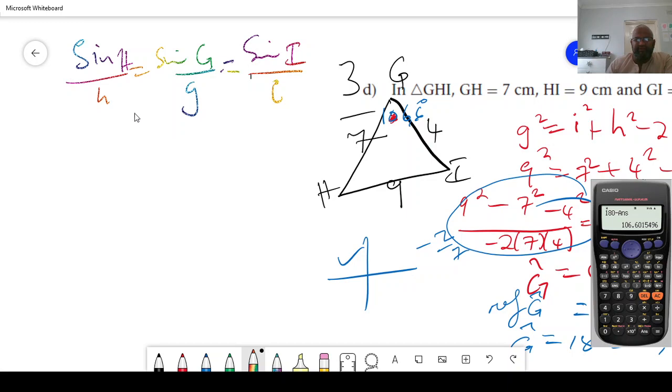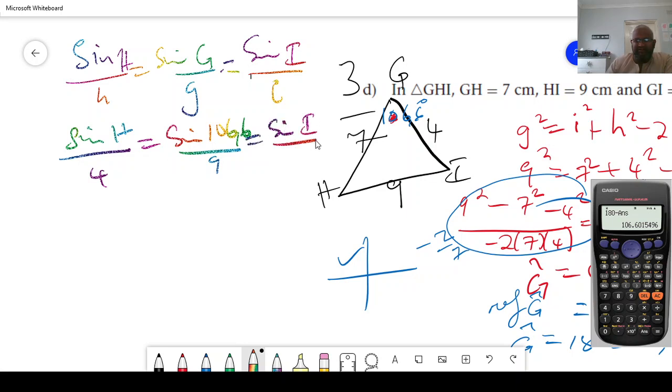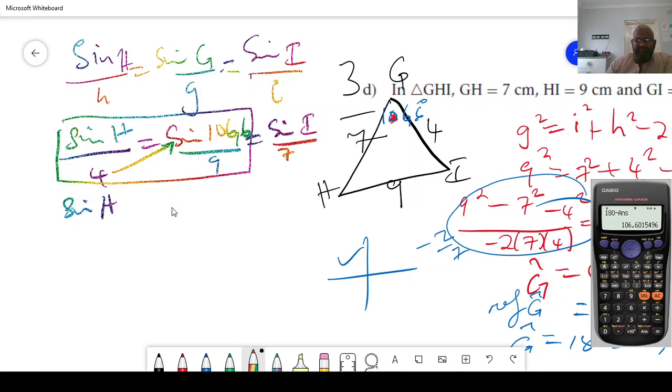So sine h, which is unknown, over h, which is 4, equals sine of 106.6 over 9, which is equal to sine of i over 7. We take it up. So there we go. It will be sine of h equals 4 sine 106.6 over 9.